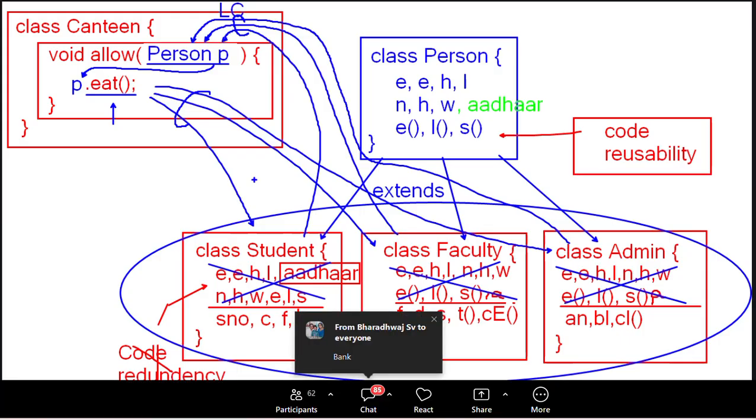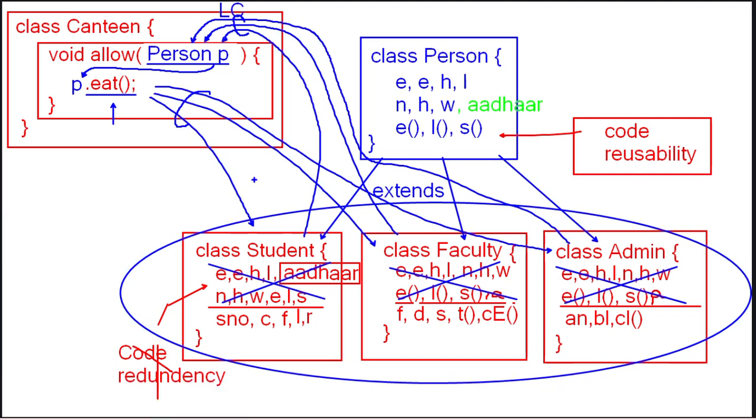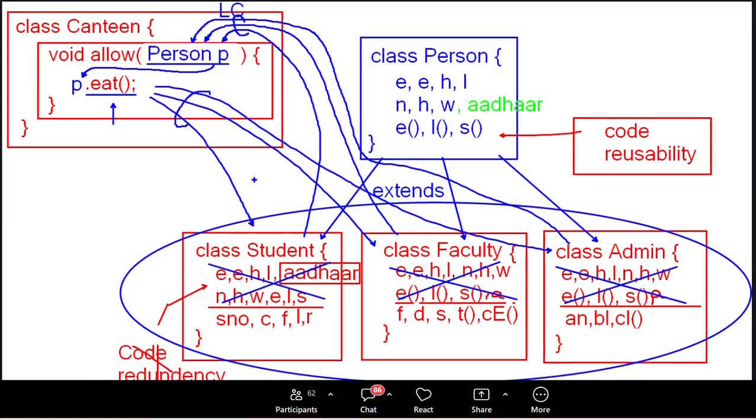Don't take person, take some business example. Business example. Things, I want an example on things. ATM.